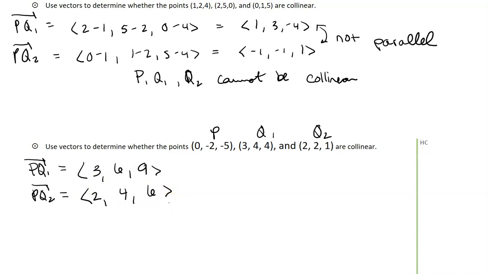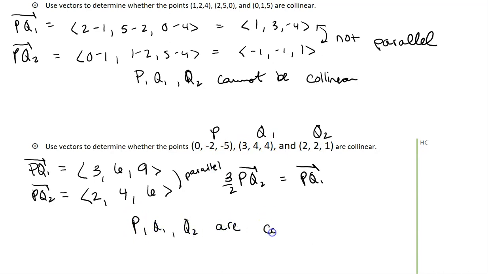Now these I can see are in proportion to each other, because we could multiply, for example, PQ2 by 3 halves, and we could get PQ1. So that means that these two are parallel. And since they have the same starting point, that means P, Q1, and Q2 are collinear. They all exist in a single line.